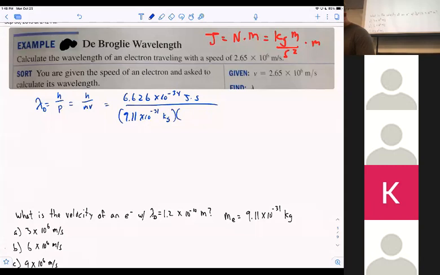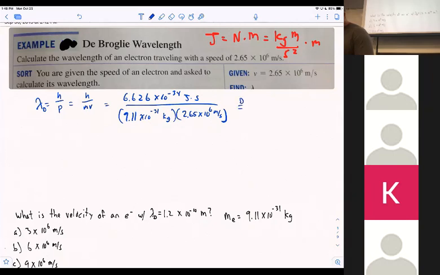And velocity, it's already given, 2.65 times 10 to the 6 meters per second. If you keep on studying science, you too can store interesting things like the mass of an electron in your head. Okay, let's look at the units. A joule, as before, is a kilogram meter squared per second squared.